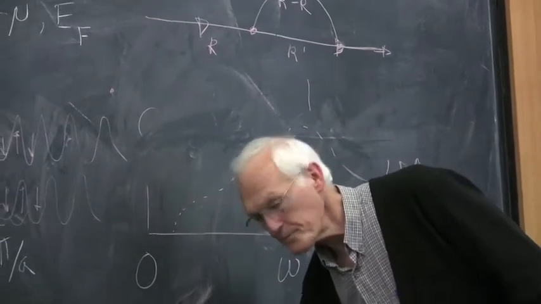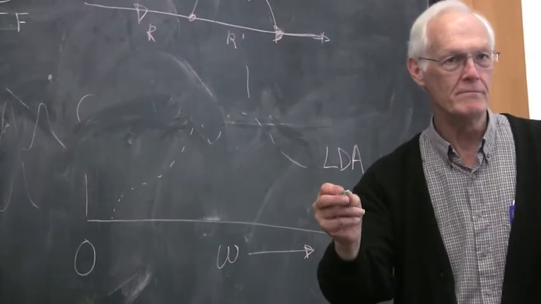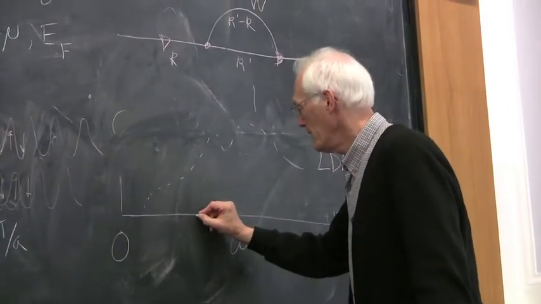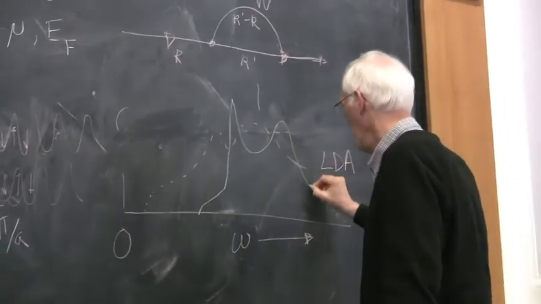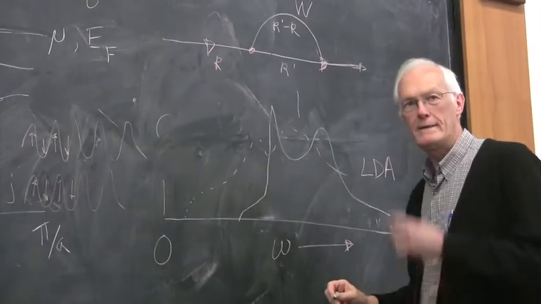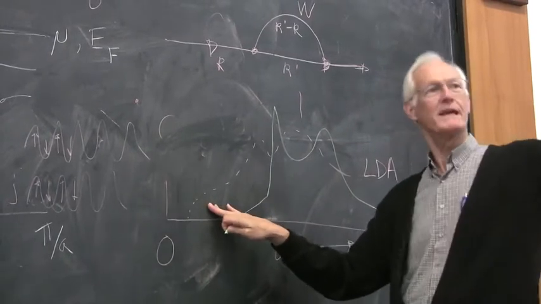So you do the GW approximation, and you get everything moved up. And it just requires more energy, and it's because the density functional is just making a mistake.